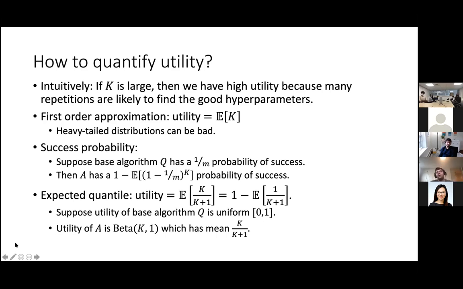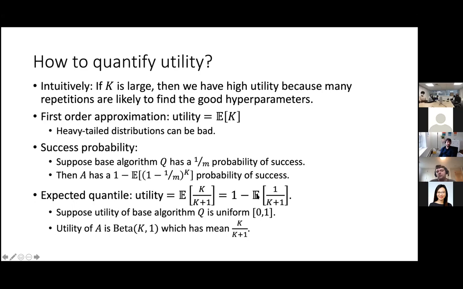Now, if I were to repeat it a number of times K and take the maximum, the quantile is going to be a beta distribution, which has mean K over K plus 1. And basically, the expected quantile is just going to be the expectation of K over K plus 1, or 1 minus the expectation of 1 over K plus 1.